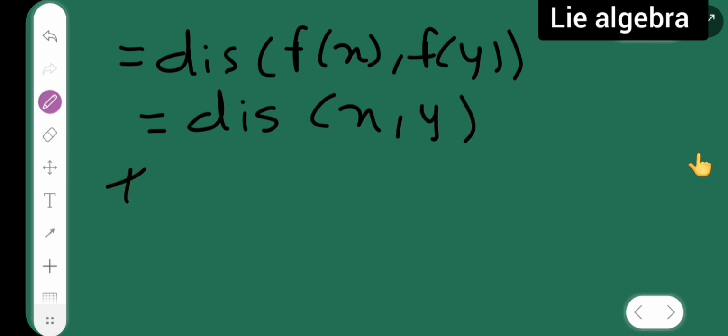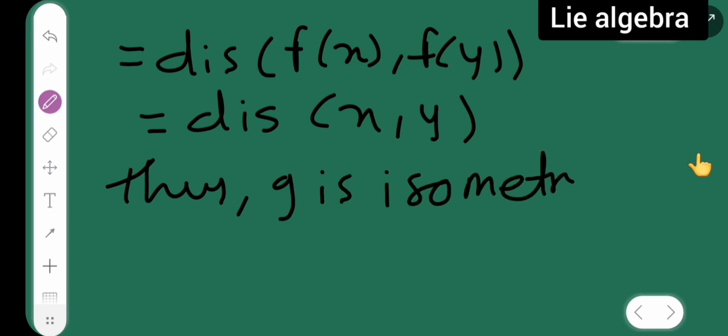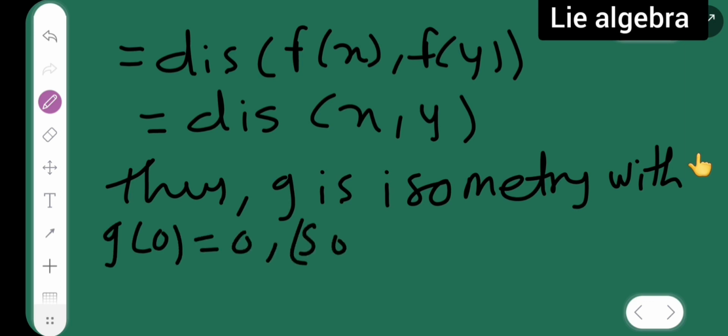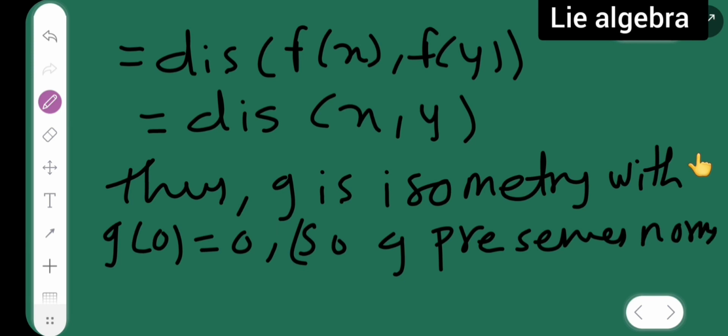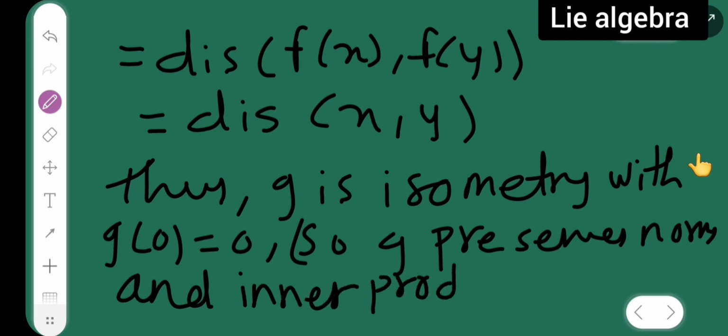So thus g is an isometry with g of 0 equal to 0. So g preserves norms and inner products as above.